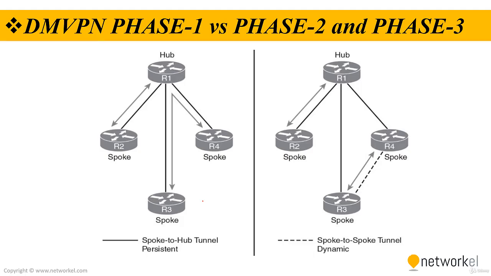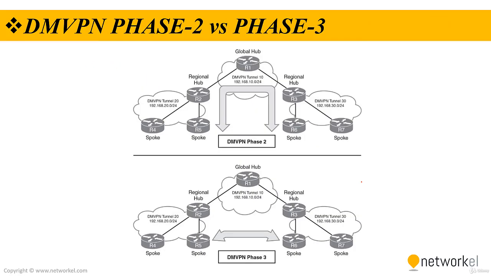So, the figure on the screen illustrates the differences in traffic patterns for all three DMVPN phases. All three phases support direct spoke-to-hub communication as shown by Router 1 and Router 2. And the figure on the screen illustrates the difference in traffic patterns between Phase 2 and Phase 3 DMVPN with hierarchical topologies.